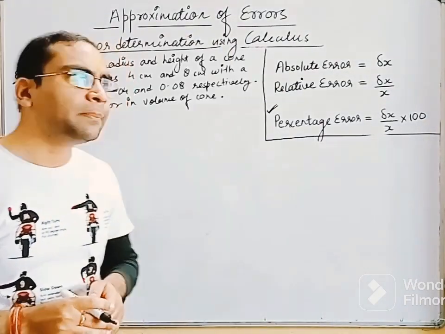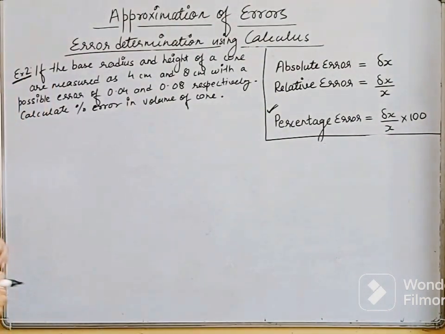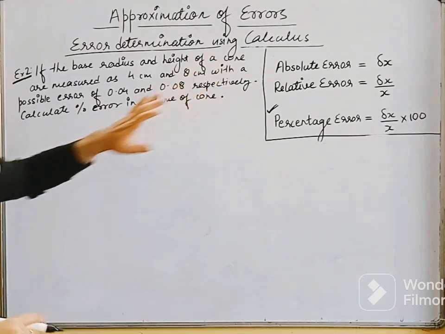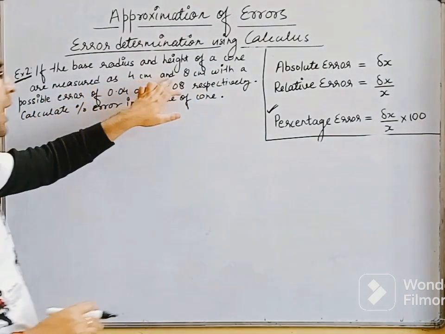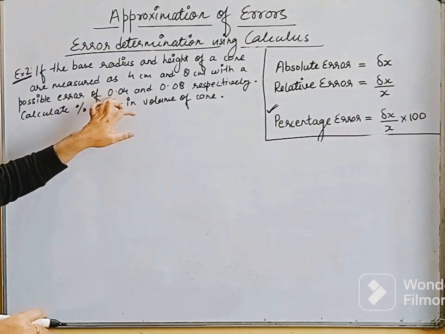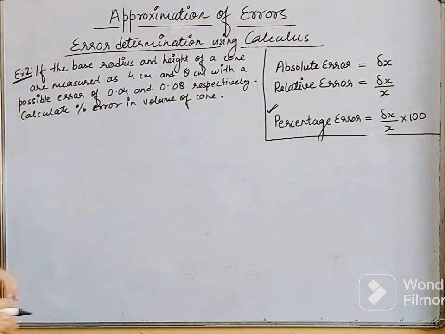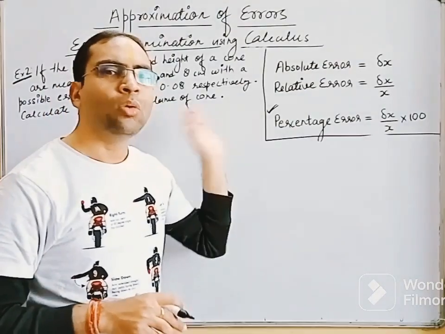Let us see one more example on this error determination using calculus. If the base radius and height of a cone are measured as 4 centimeters and 8 centimeters with a possible error of 0.04 and 0.08 respectively, calculate the percentage error in the volume of the cone.